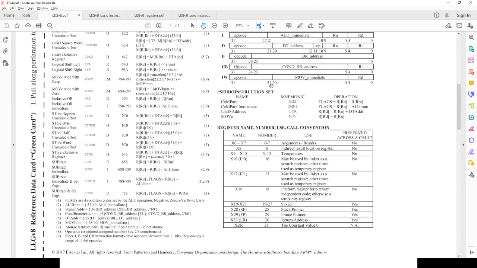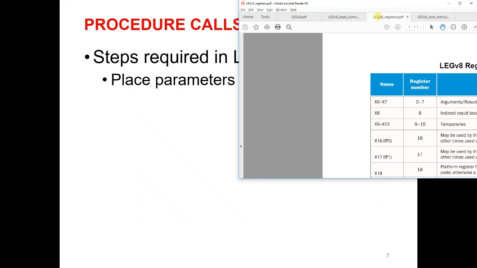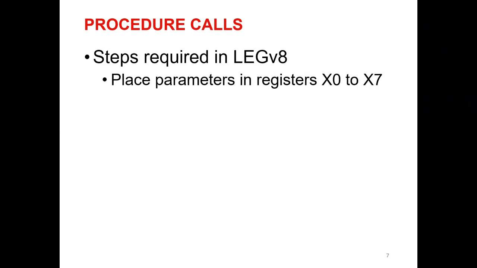I have also placed on Canvas another document which maybe is more clear for the registers. It's similar to this one. Here you can see clearly what I'm mentioning. Apart from here, you also have this information on the slides from today.